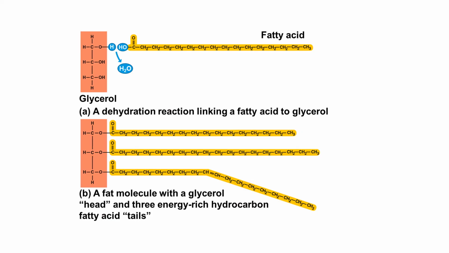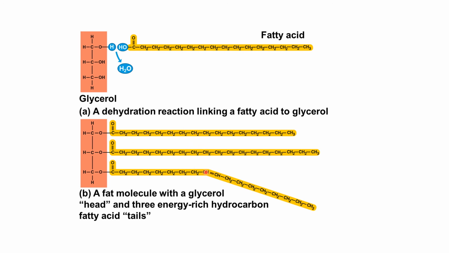So here is what we are talking about with the structure of these fats. They're going to have this orange structure right here, which is called the glycerol. So this is the glycerol, and it is going to then be attached to up to 3 fatty acid tails. So here's a fatty acid tail. These are all fatty acid tails.